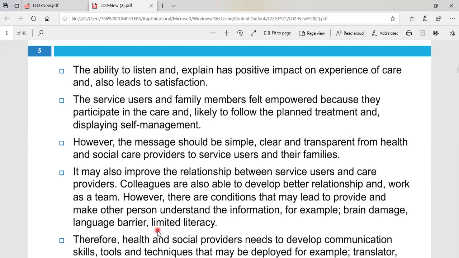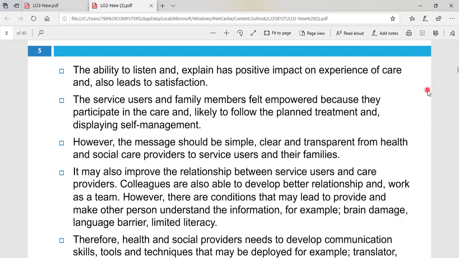So if, let's say, you're unable to provide the required care to the service user, however, you listen actively to this patient with empathy and with respect, the confidentiality that they want has been maintained, and you make sure to preserve it, this itself can have a lasting impact on the patient and their family.